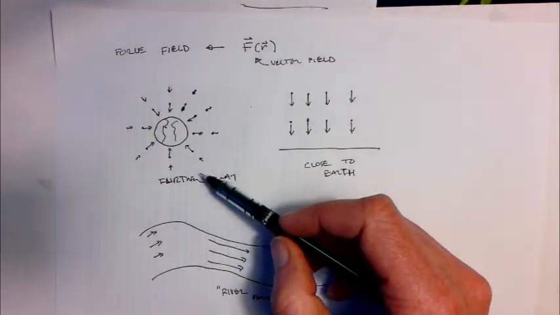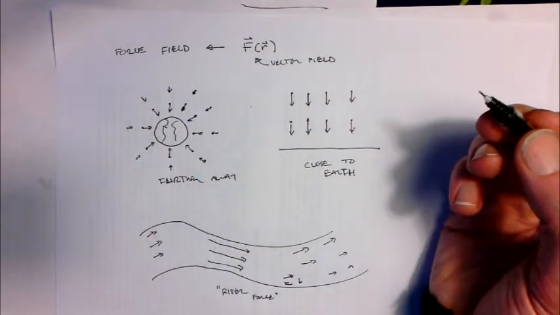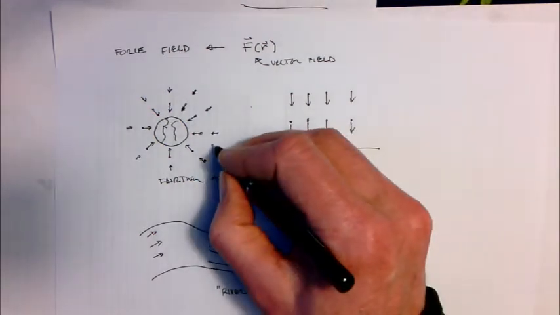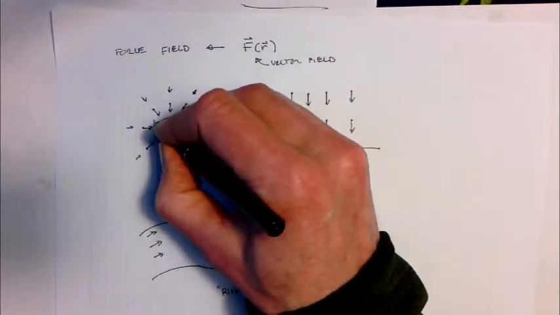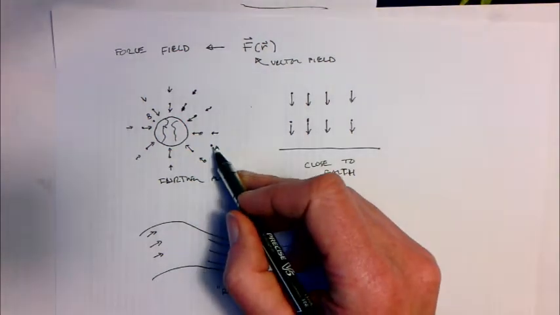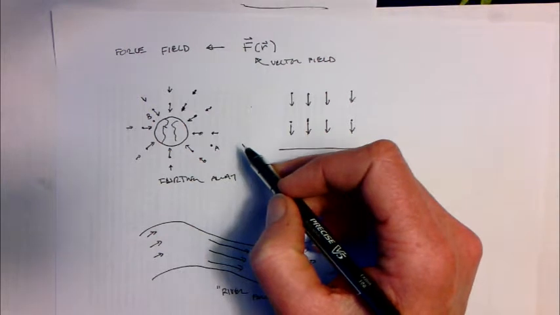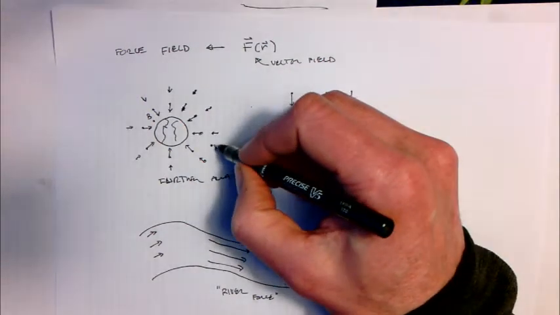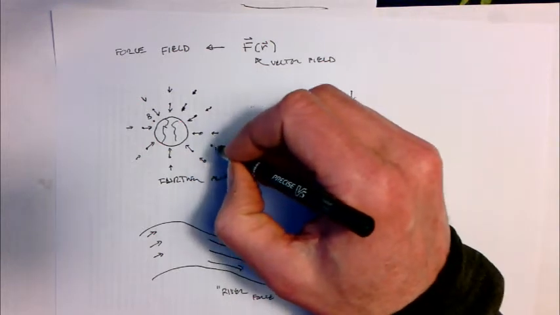So if I think about this farther away example, one way to think in general about whether a force is conservative or not is to imagine choosing some point, we'll call this point A, and some other point B, and ask the question, how much work does it take to get from A to B, and does that work actually depend on what path you take? And pretty clearly, if you look at this field, you could imagine getting from A to B in a number of ways.